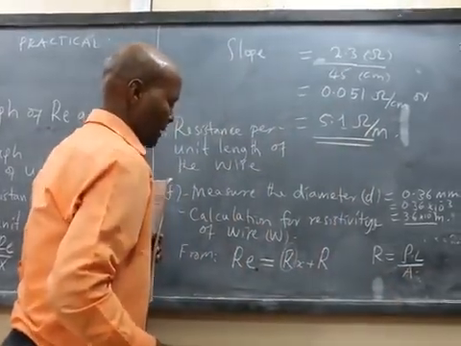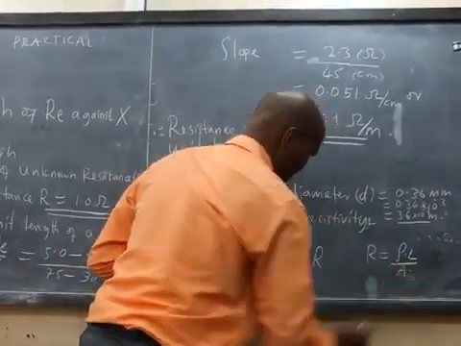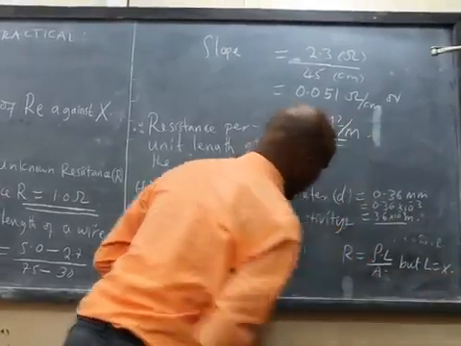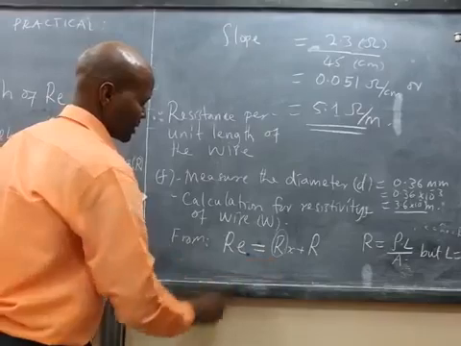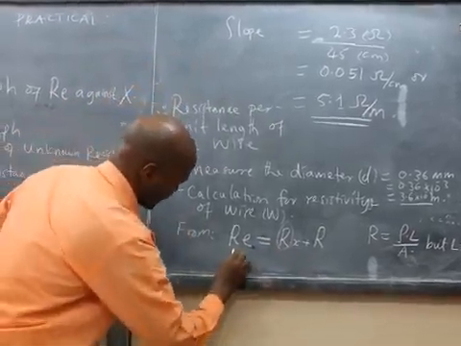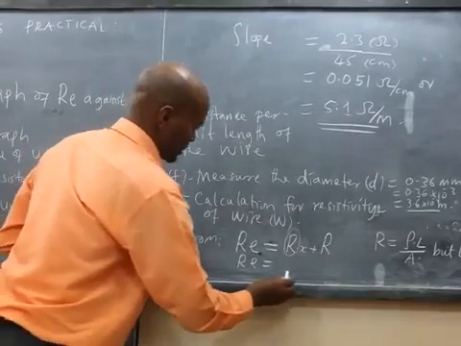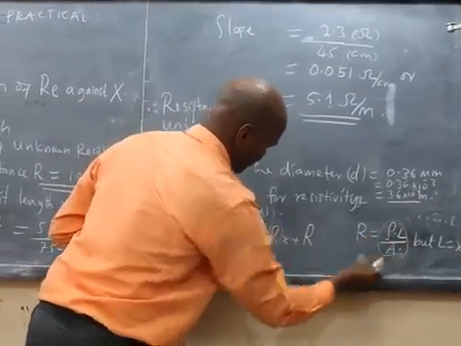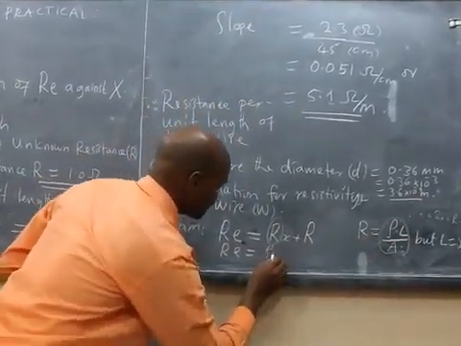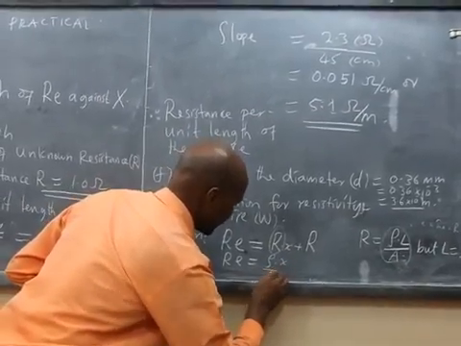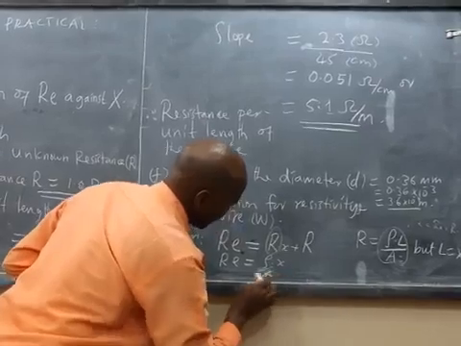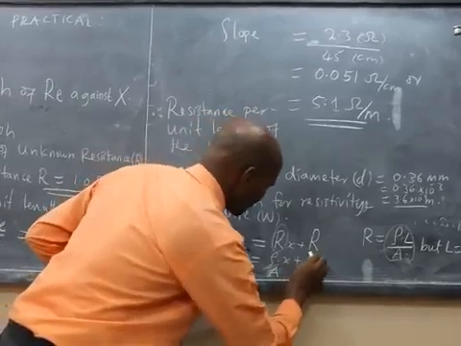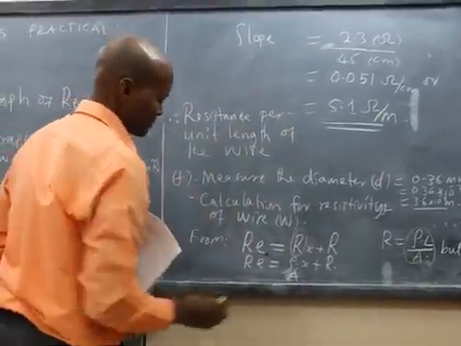But this length here is X, so instead of L we will be using X. So we say RE is equal to resistivity times X over area plus R, the unknown resistor.